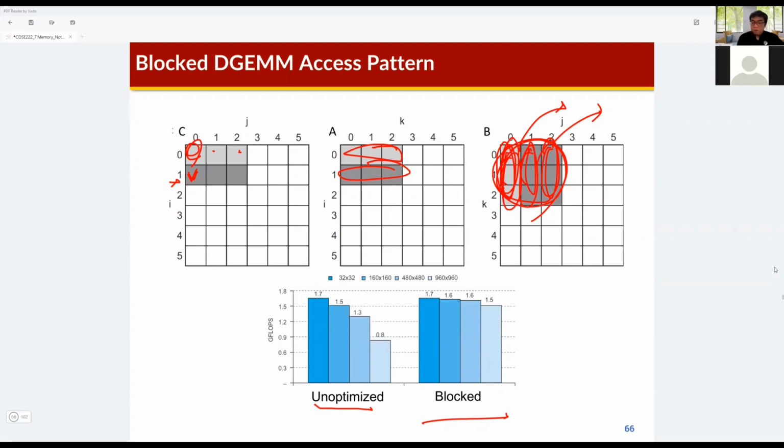But if we apply the tiled matrix multiplication, the performance is nearly the same or slightly decreases because the size is very large.